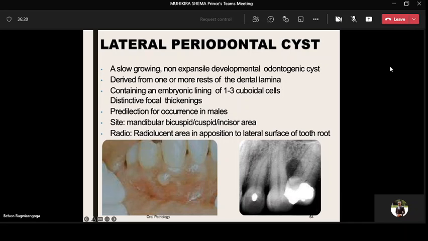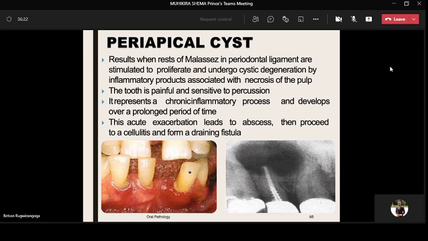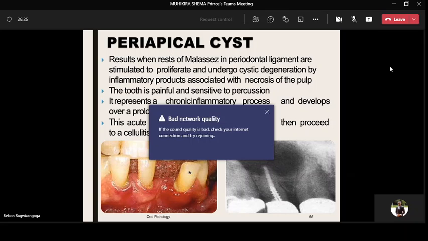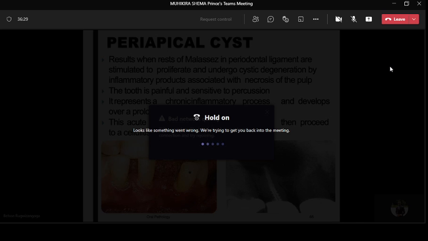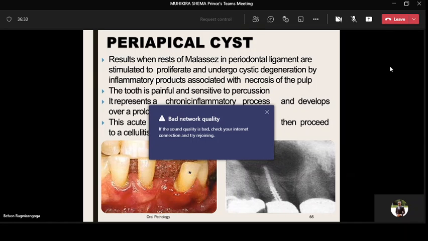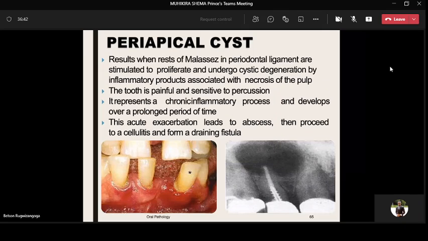The tooth is painful because of that. Over time, there can be an acute exacerbation which leads to abscess formation. You can get cellulitis and so on. And even fistula, meaning pus is discharging through the oral cavity or through the skin.